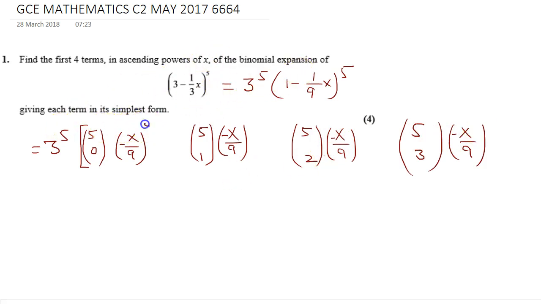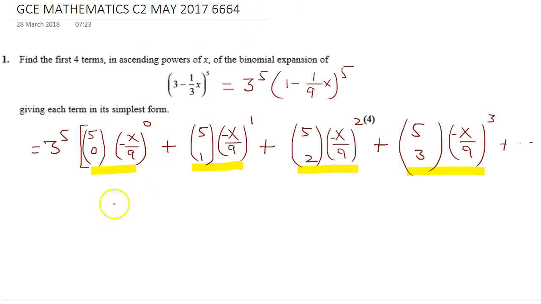We start with the power 0, 1, 2 and 3. So this is plus, plus, plus. This is the first term, second term, third term and fourth term.